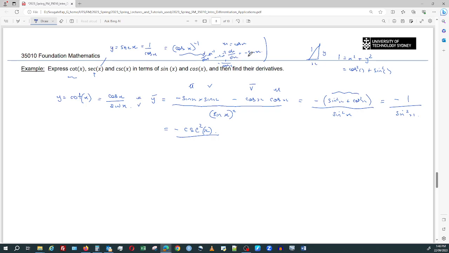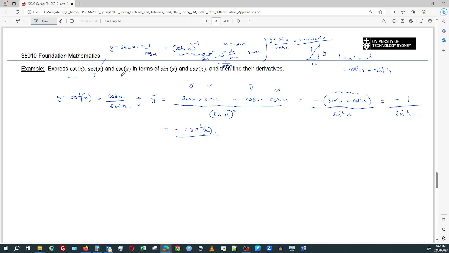Okay, so it's sin x over cos squared, minus times minus is a plus. So we get sin x over cos squared x, which can be written as sin x sec squared x. Okay.